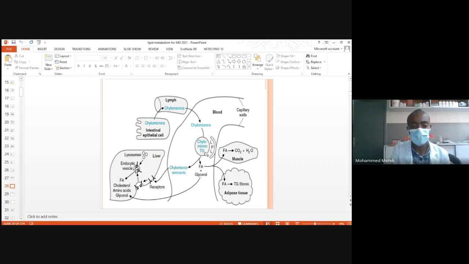After phagocytosis of the engulfed particle, there is fusion with the lysosome, and lysosomal enzymes degrade the chylomicron into free fatty acid, cholesterol, amino acid, and glycerol. The receptor will be recycled and re-expressed on the surface of the liver.